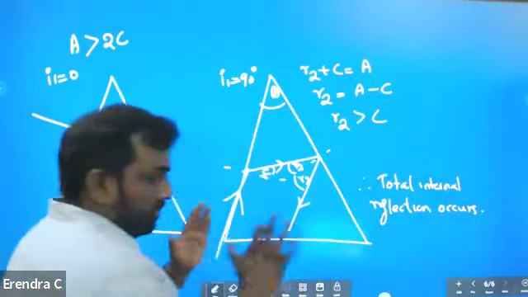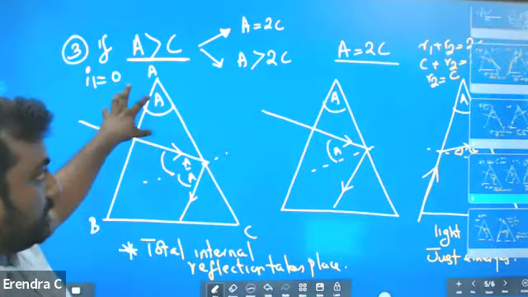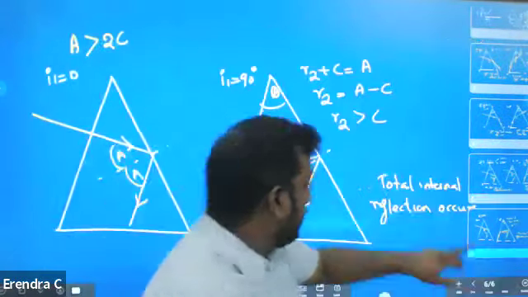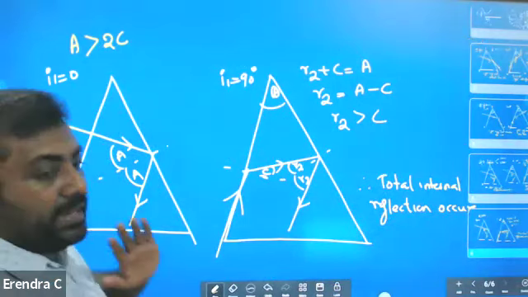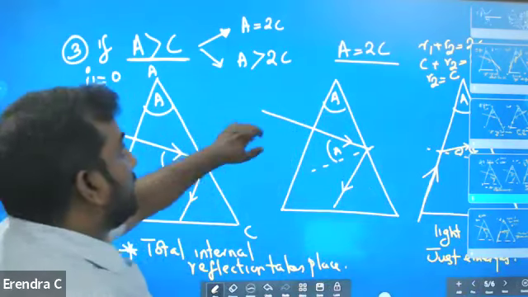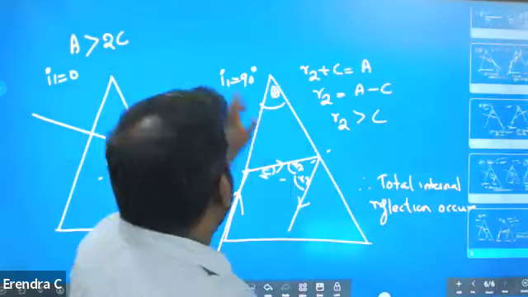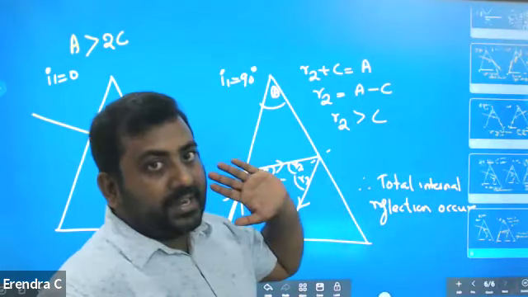So nice, you come to a nice point. A is larger than C, I equals 0: guaranteed light rays won't emerge. At 2C, along the boundary. Greater than 2C, total internal reflection.